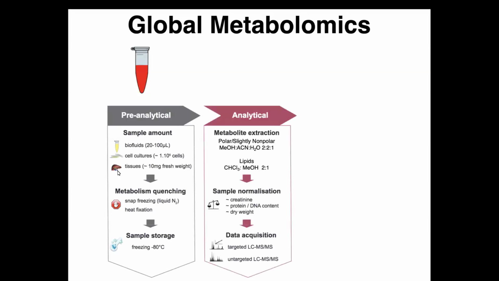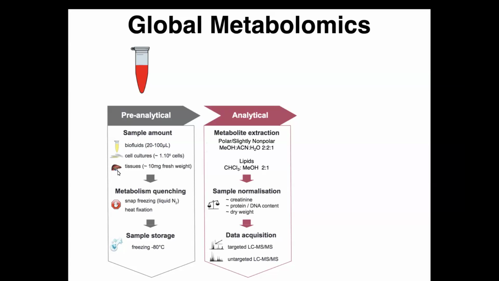However, it depends on the metabolite that you are interested in. Chloroform:methanol 2:1 is used to extract lipid classes, while methanol:acetonitrile:water 2:1:1, or only methanol, can be used to extract polar metabolites.